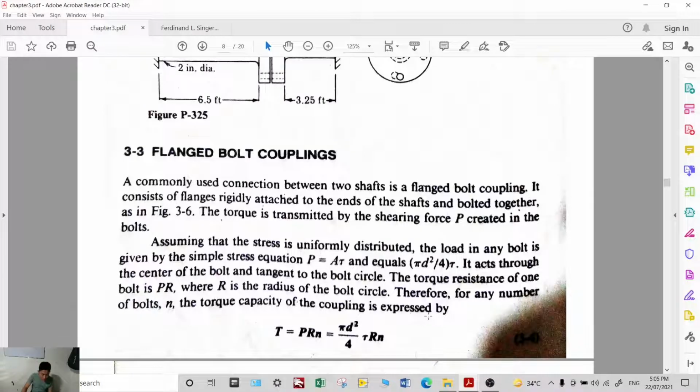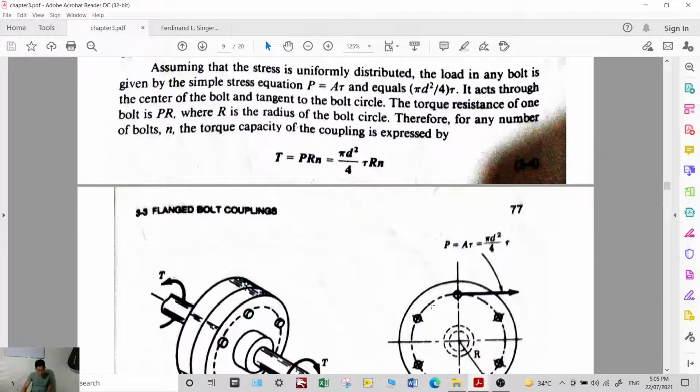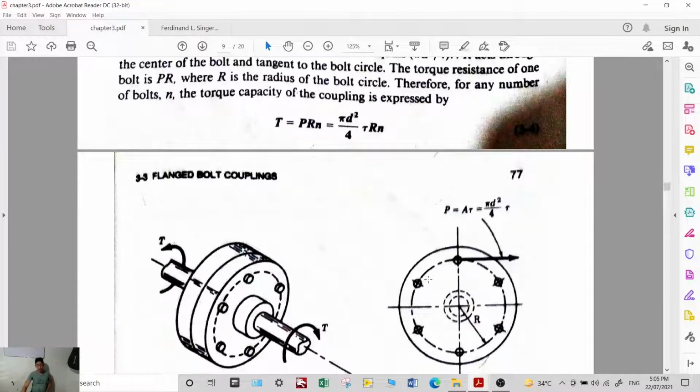Let's continue our discussion with flange bolt couplings. Okay, so what is a flange bolt coupling? Okay, so imagine that you have a shaft from a motor and you want to connect it with another shaft. So how do you do that is you use a flange. Okay, so the flange is just a metal plate, okay, that have holes.